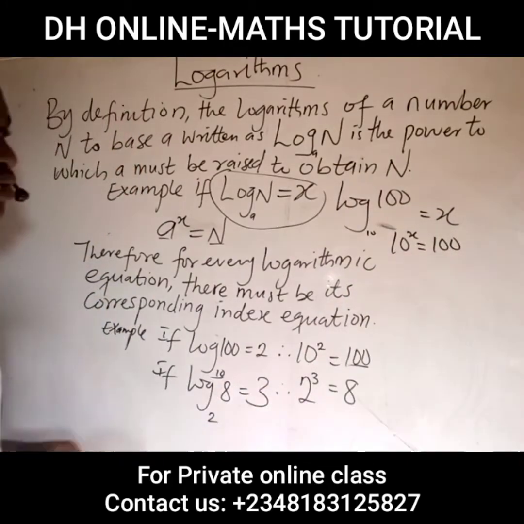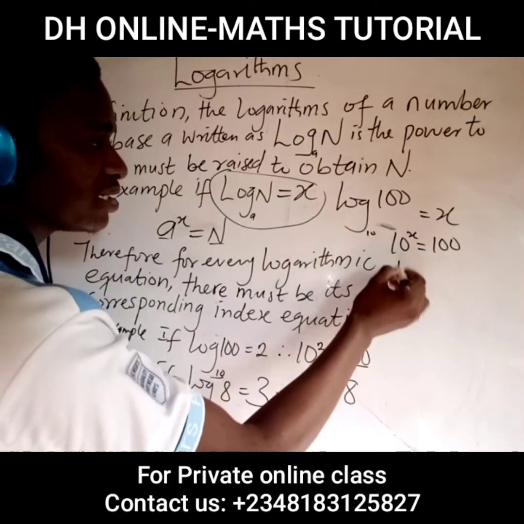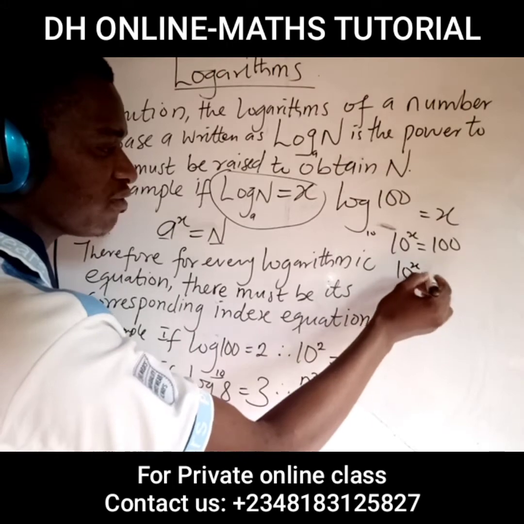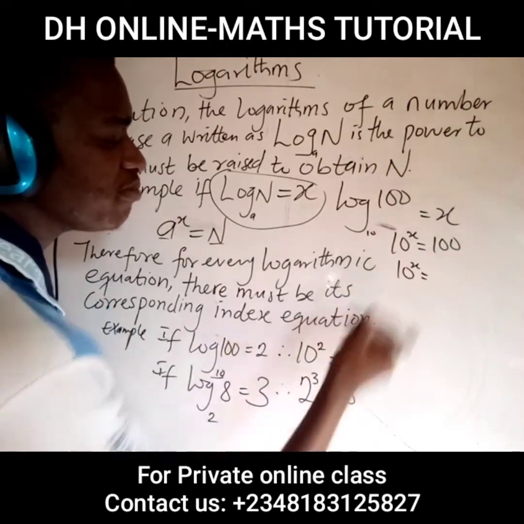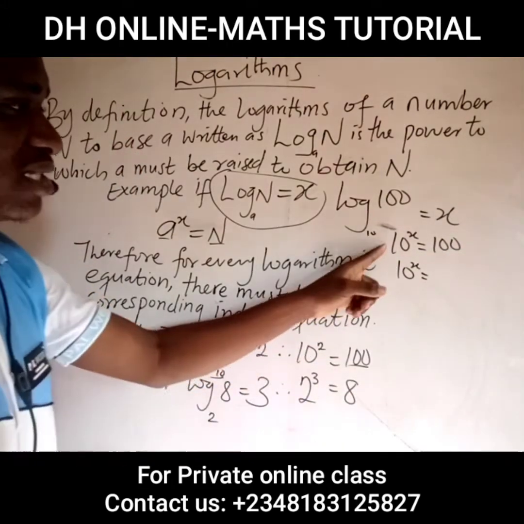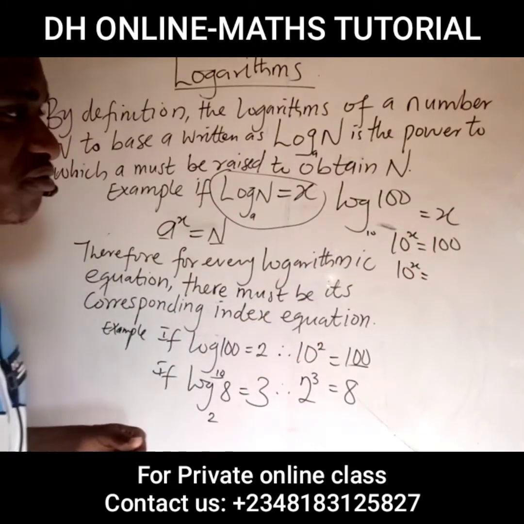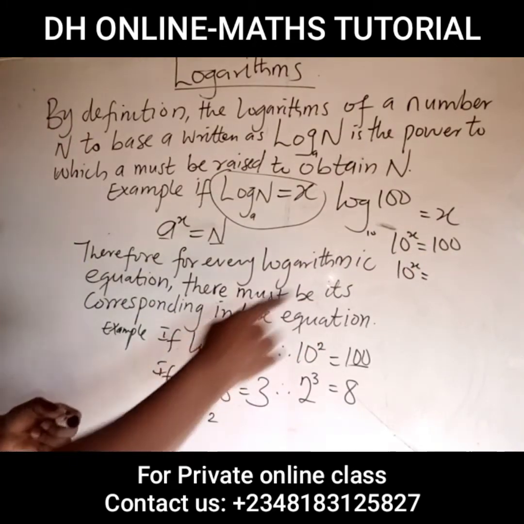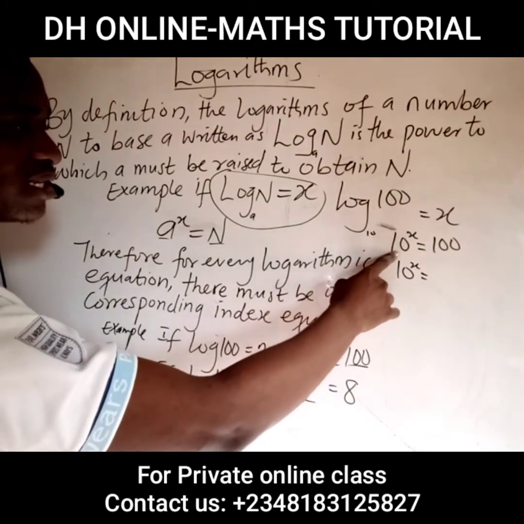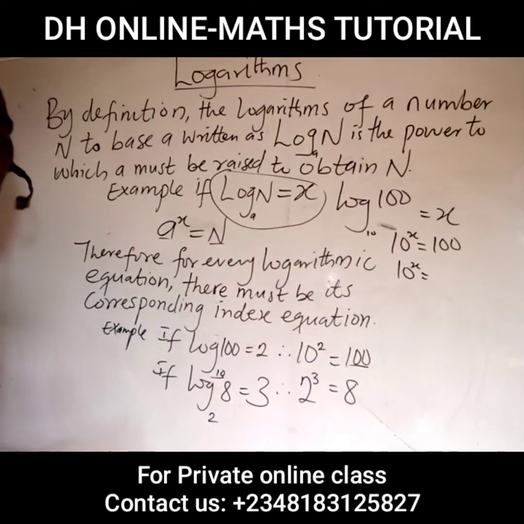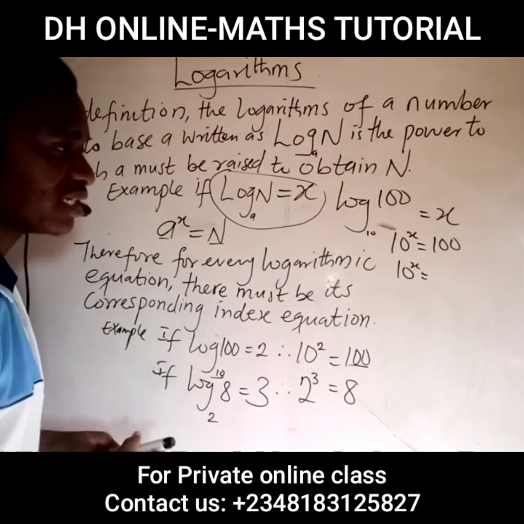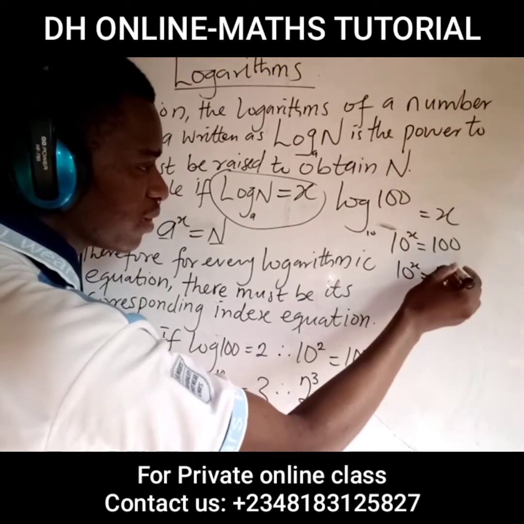You get it now? So how many times am I going to use 10 to multiply itself that will equally give me 100? That is in two places. That's 10 raised to power 2.